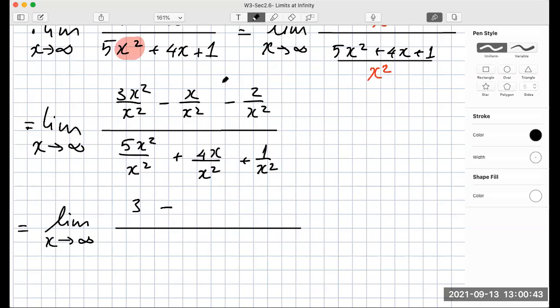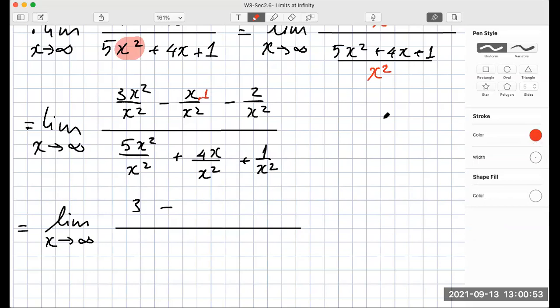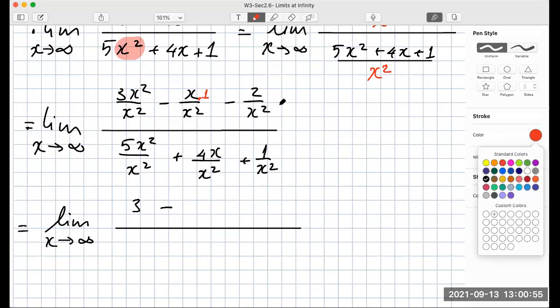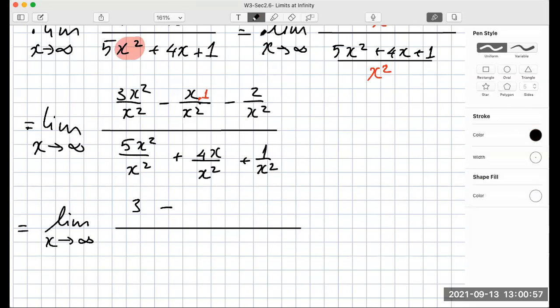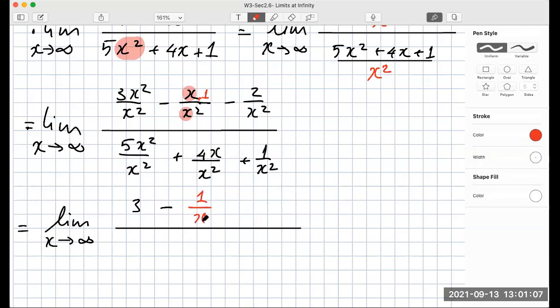Yes, look at this. x squared is x times x, right? And in the numerator, you can always imagine that x is equal to x times 1. Then once you cancel x with the x below, then 1 is left. Then it is 1 over x. Very good.